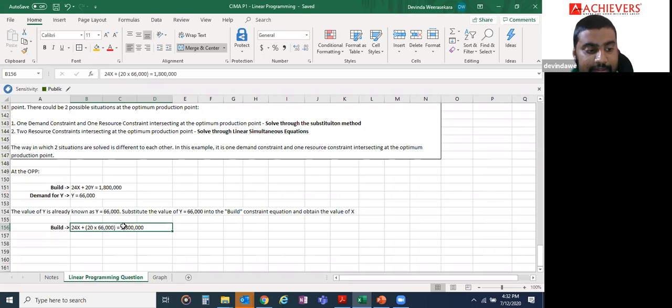Plus, again open the bracket. 20 multiplied by 66,000. Enter and then close the bracket. So now you have entered both brackets, 24 into x plus 20 into 66,000.